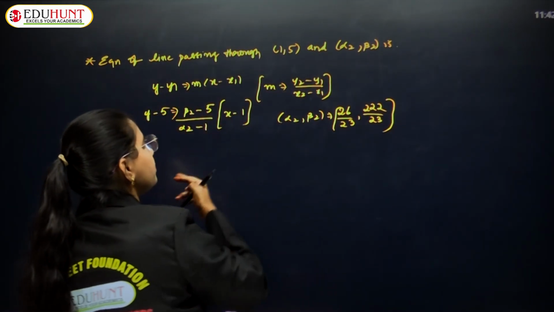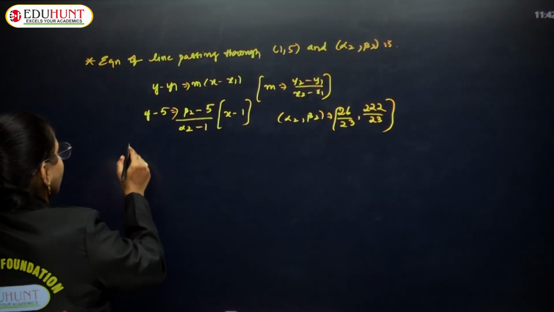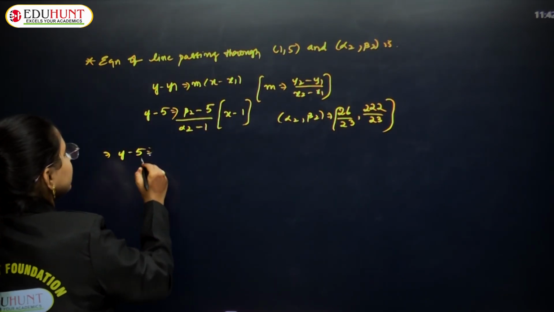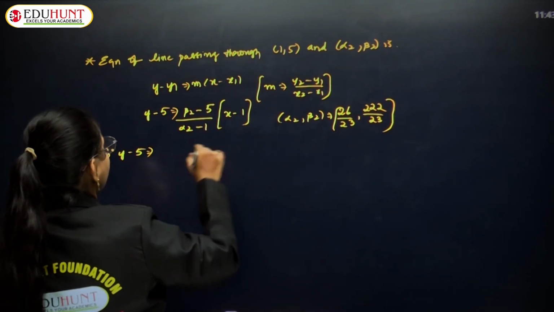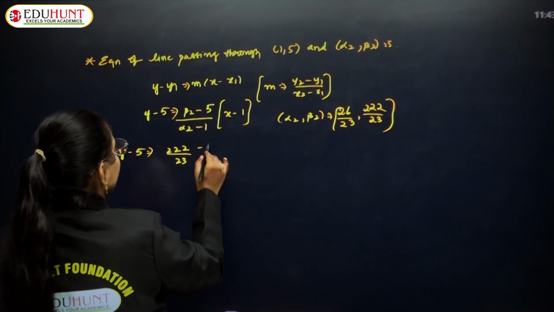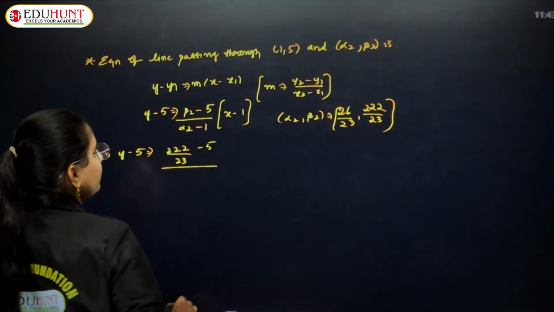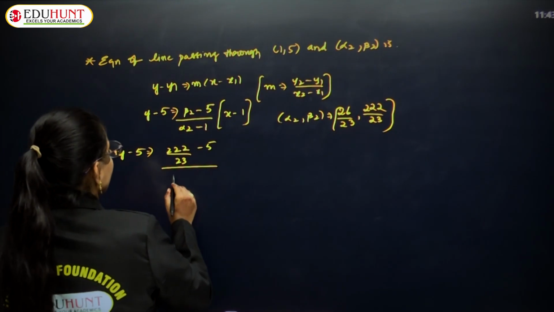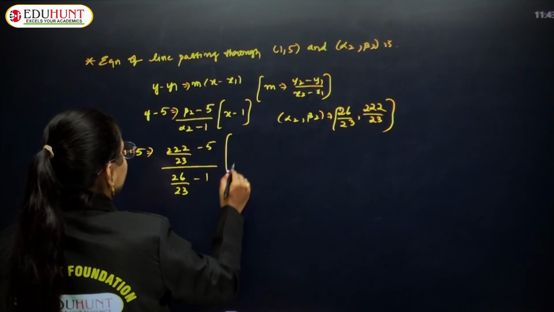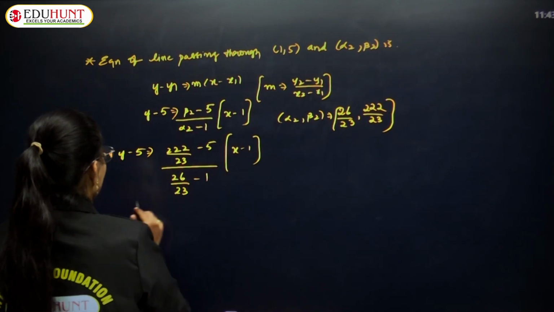Let us substitute both values here. So what we'll have? y minus 5, beta 2 is nothing but 222 by 23 minus 5, divided by alpha 2 value, which is 26 upon 23 minus 1, divided by x minus 1.